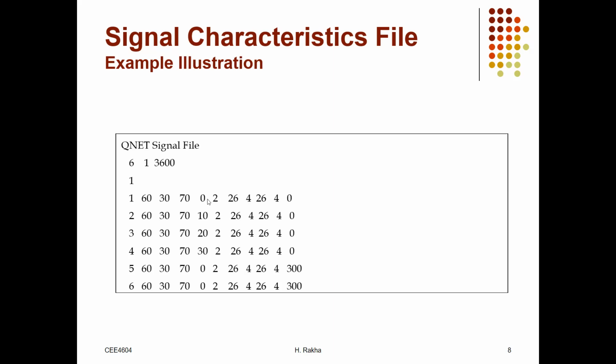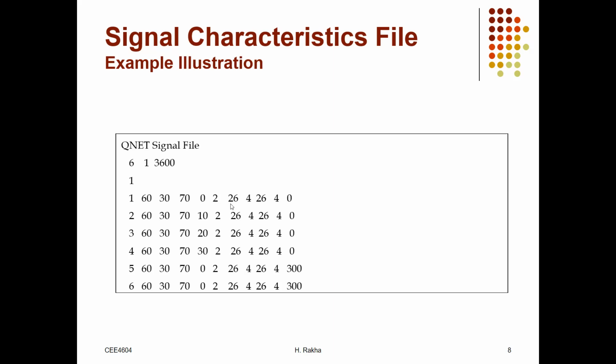Okay. Then the next entry is the offset. So that basically, if you recall, the offset was when will this traffic signal turn green relative to the upstream traffic signal. So here, this is the time at which it turns, the offset of that traffic signal, the number of phases, the effective green time.